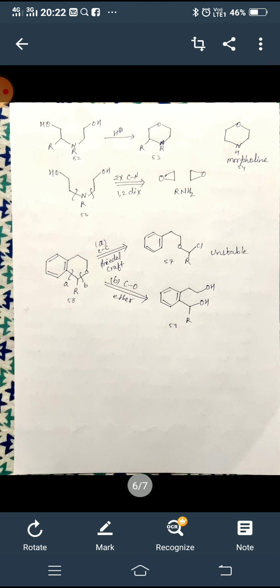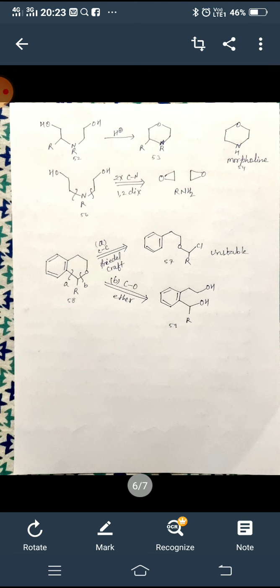If there is this type of molecule, there are two possibilities to disconnect the carbon. Possibility A is a carbon disconnection, and it will be formed by the Friedel-Crafts reaction, then we get the 56 reagent.